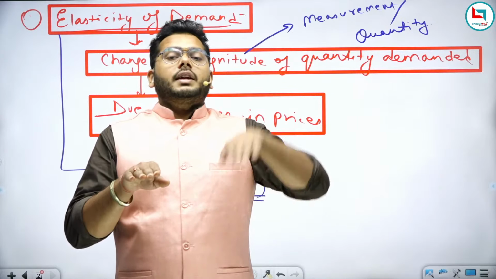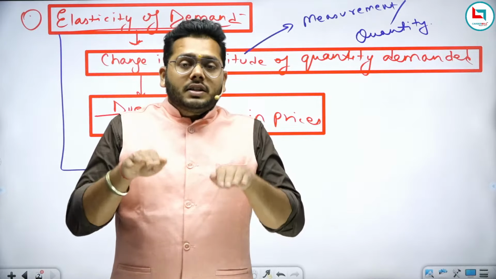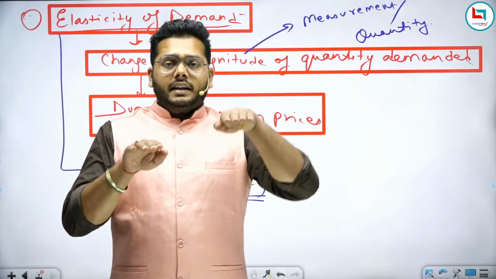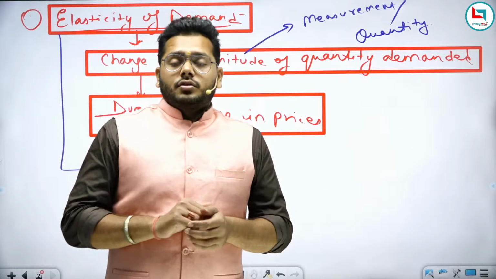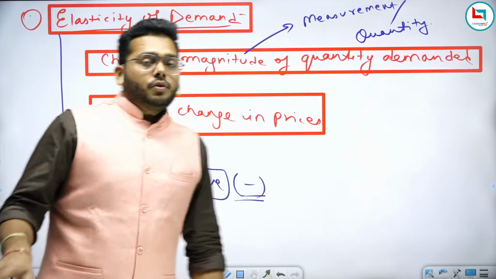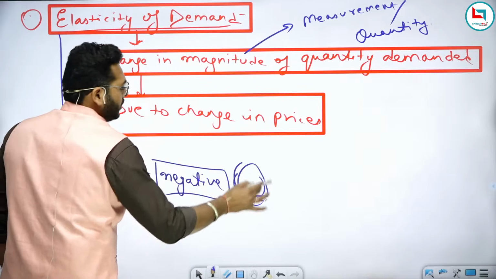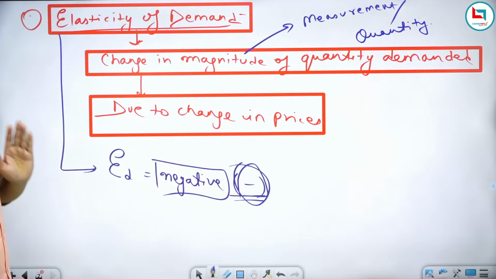If one increases, the other decreases. If one decreases, the other increases. This is what a negative relation is. That is why you are getting the answer in negative terms. This is what elasticity of demand is.